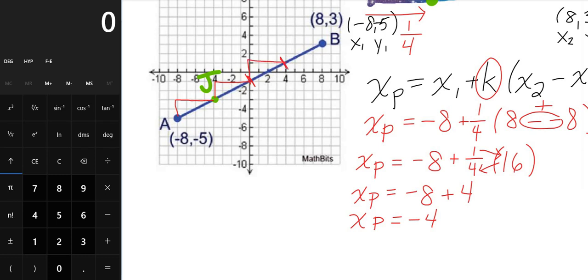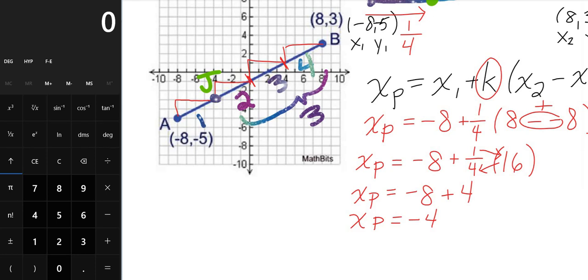Up 2, over 4 again, I end up back at B. Now notice, by putting these other points in there, I've cut up my line segment into 4 even sections. This is my first section, my second, my third, and my fourth. So it makes sense that J, which is right here, partitioned my line segment in a 1:3 ratio because there were 3 even sections to the right of J.